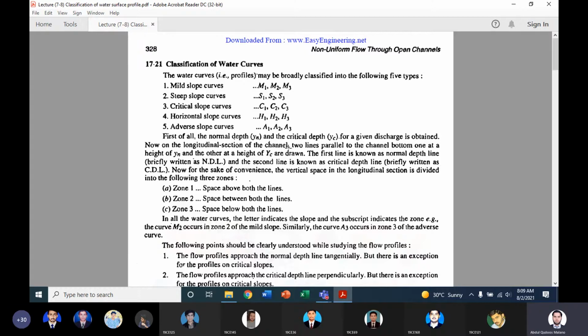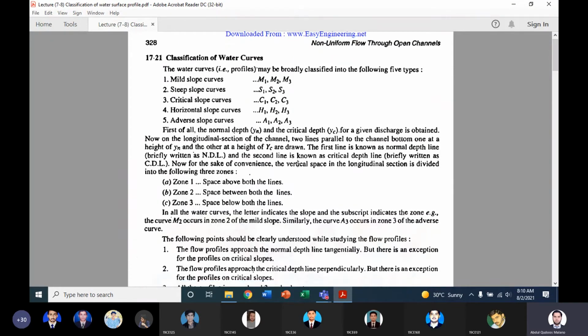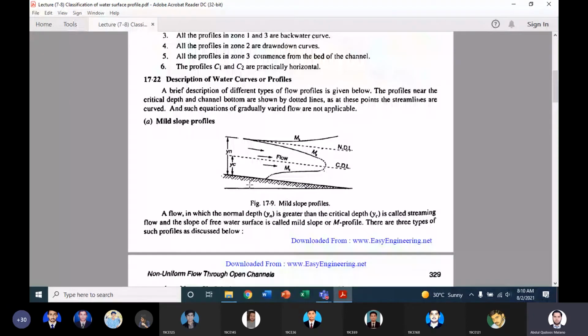So once you have got the normal and critical depth for the given discharge, on the longitudinal section of the channel, two lines parallel to the channel bottom, one at the height of normal depth and the other at the height of critical depth, are drawn. If this is the bed of the channel, you draw two dotted parallel lines.